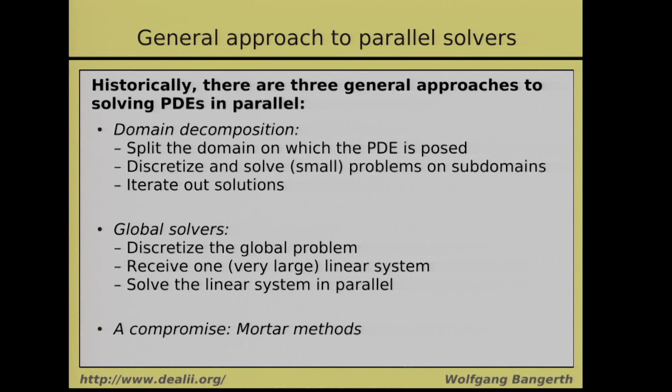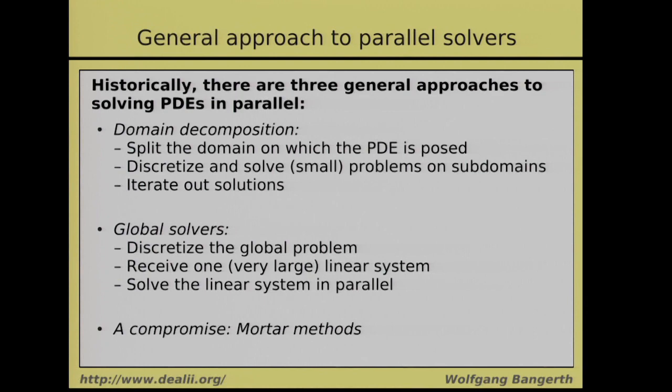The basic idea is that in domain decomposition, you split the domain into smaller pieces. You discretize the PDE on each one of these subdomains, and then you somehow need to come to some conclusion. Let's say you need to iterate out the solution of the subdomains. And I'm going to show you how that works and also why that doesn't work very well, why we largely have moved away from these.